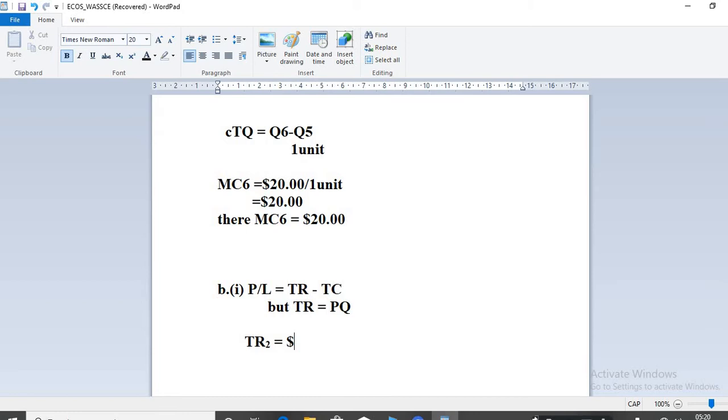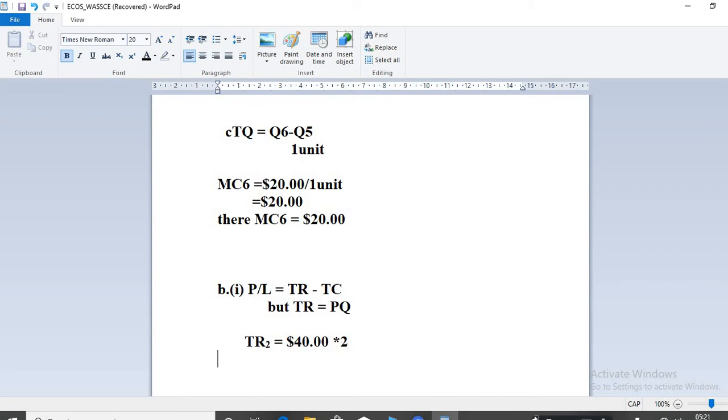So $40 times 2, because the question said when 2 products are sold, so the quantity here will be 2.